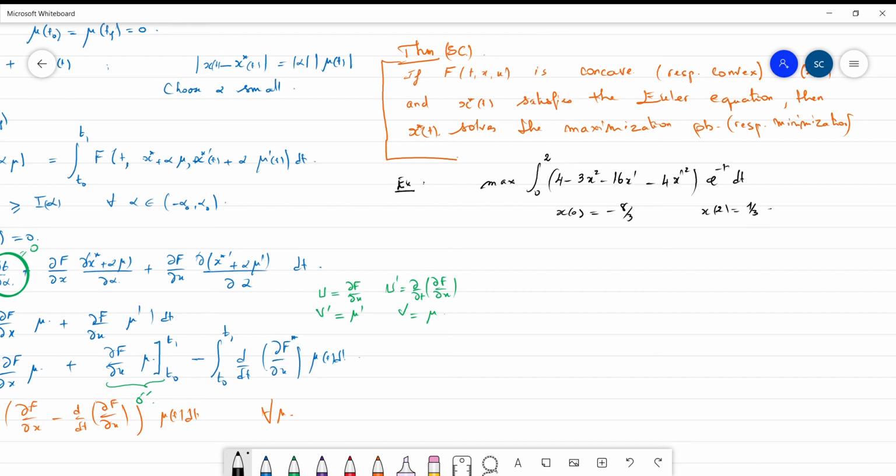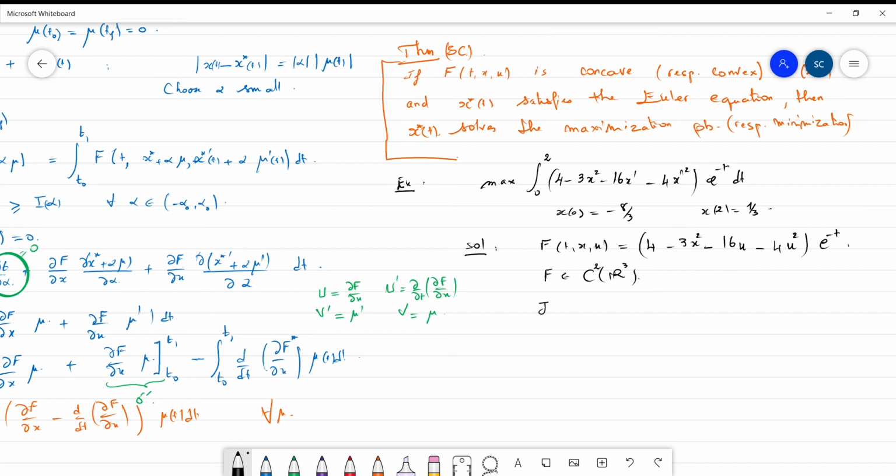Let's bring ourselves to the previous notation. Our function f of t, x, u I will set as (4 minus 3x squared minus 16u minus 4u squared) times e to the minus t, where u is substituted by x prime. Then it is clear that f is C2 in R3, in the three variables, no problem.